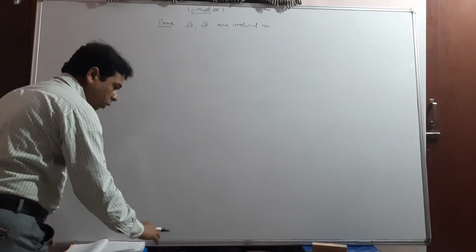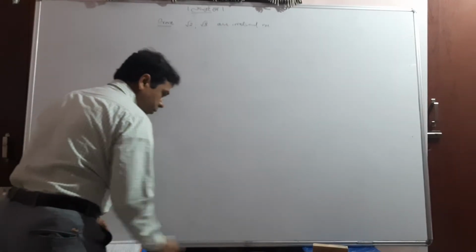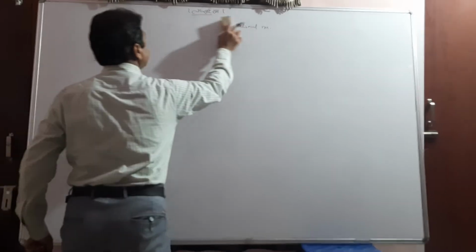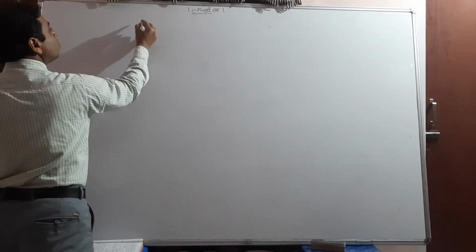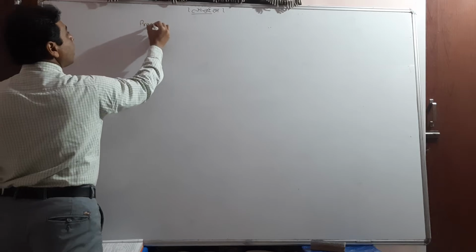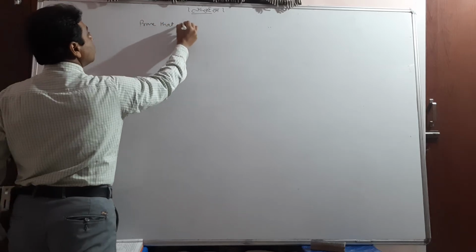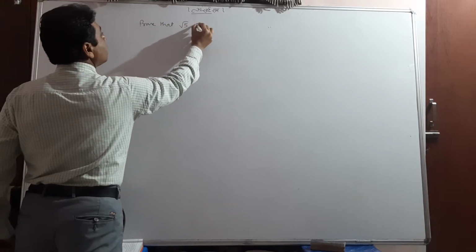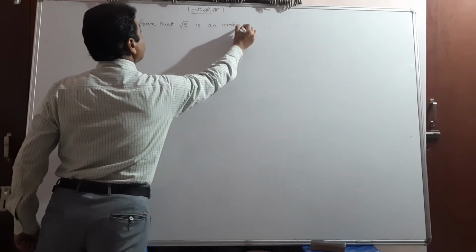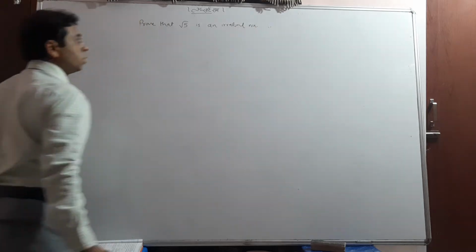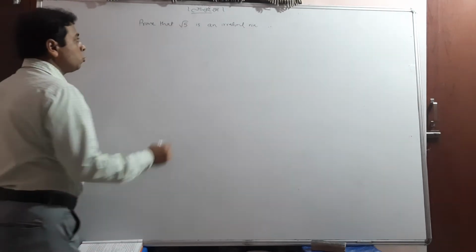Today we will continue this topic. And for you only, I gave you the homework also. Even I am telling you, prove that under root 5 is an irrational number. So how to prove this question?